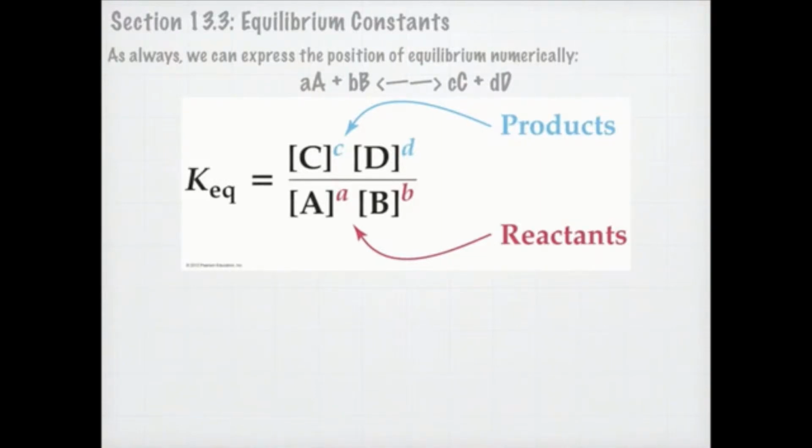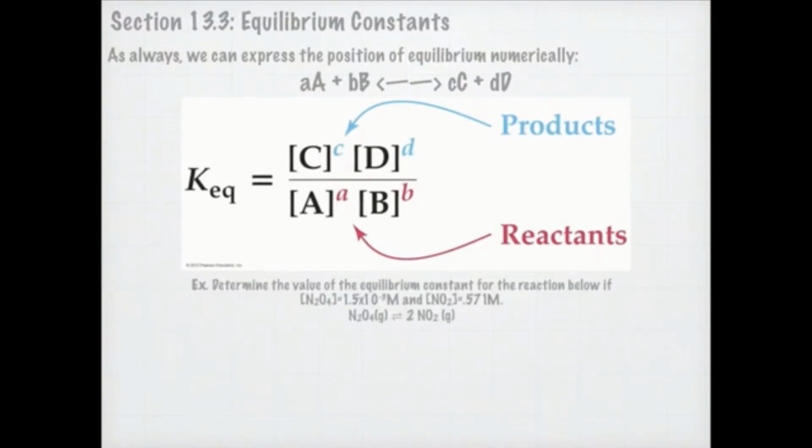Let's look at an example. It says, determine the value of the equilibrium constant for the reaction below. It's N2O4 becomes 2NO2, and I give you the concentrations of your reactant and your product. All you need to do to find your KEQ is take the concentration of NO2 and square it, because the coefficient for NO2 is a 2, and then divide that by the concentration of N2O4.